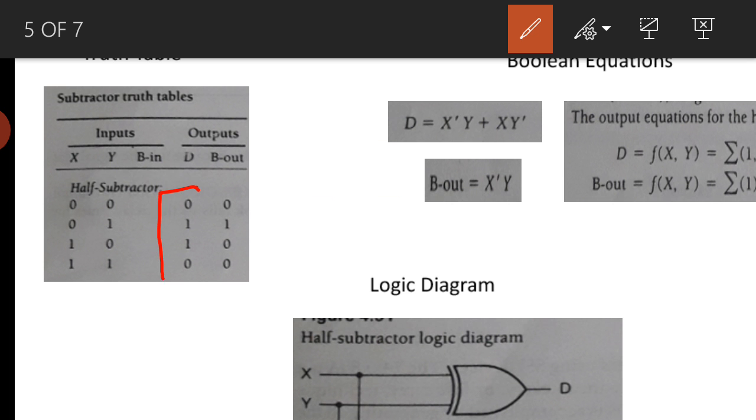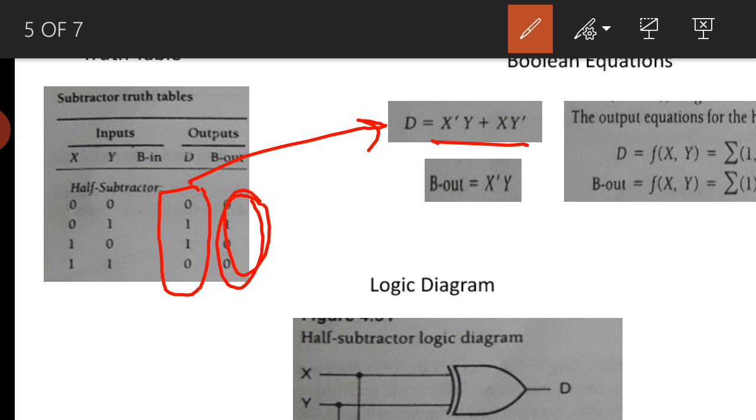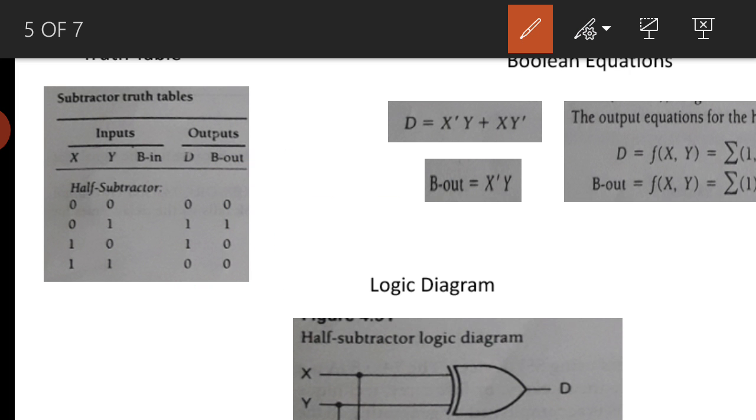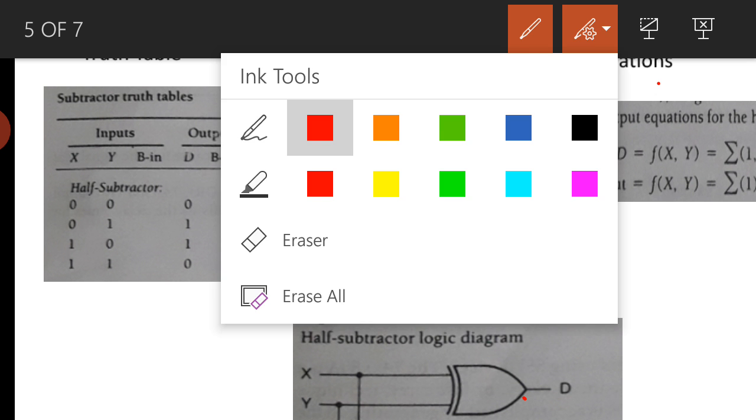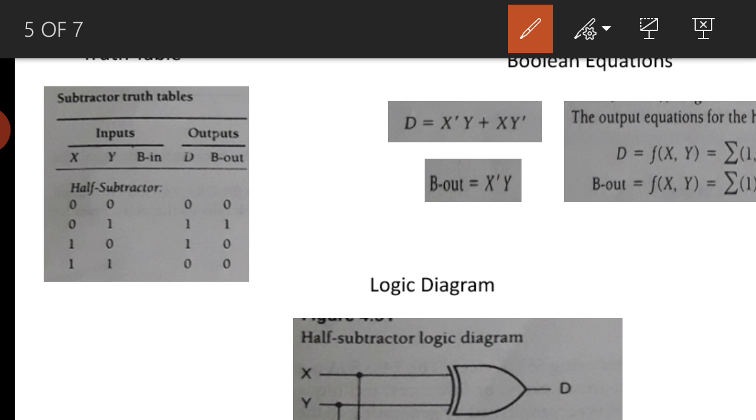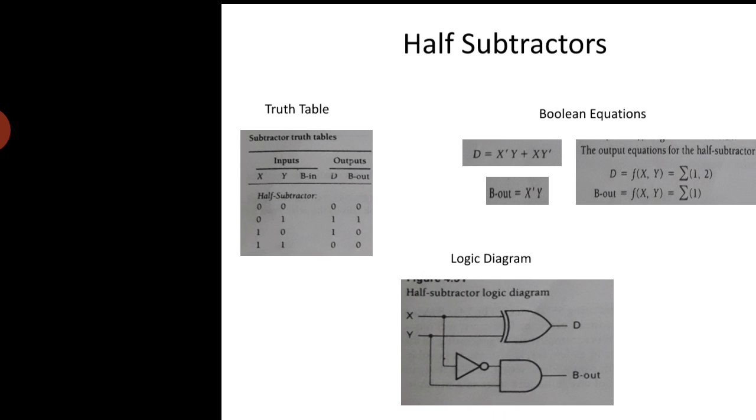The same thing, if you see here, matches with XOR only, that is x bar y plus x y bar. If you take the borrow, it is x bar y, meaning for the x bar y combination it is 1.